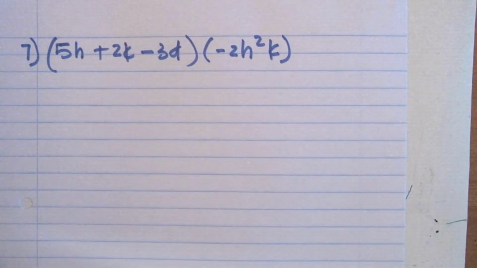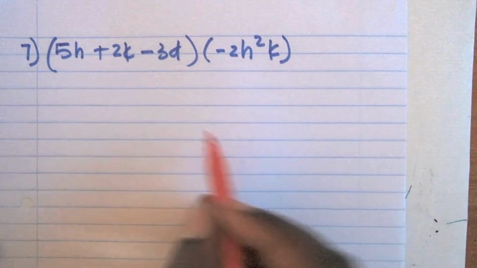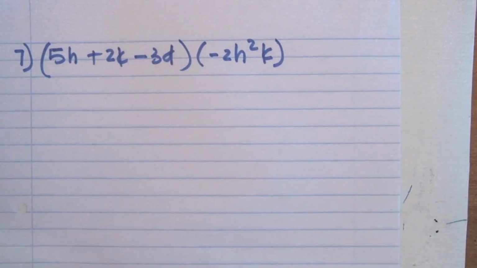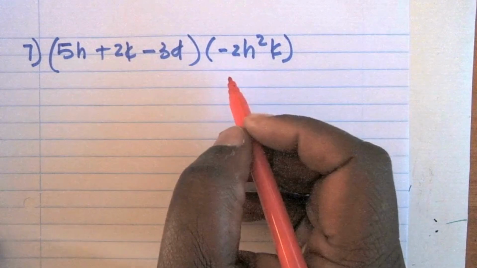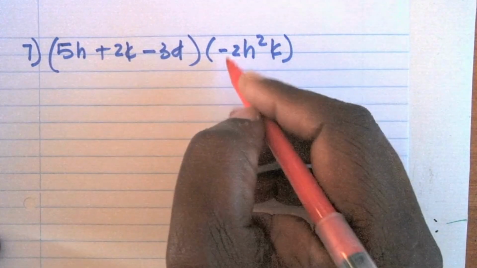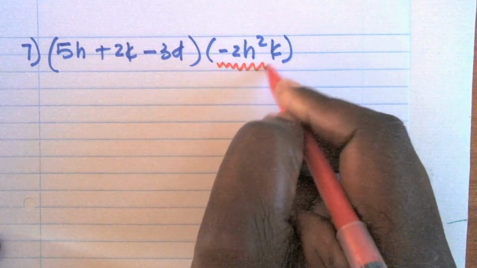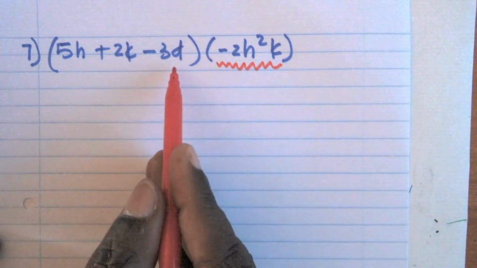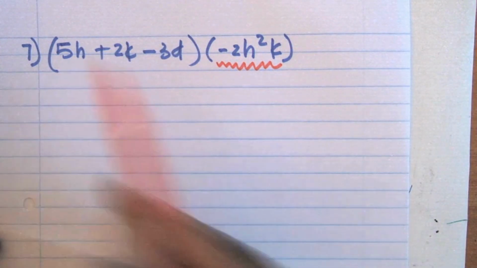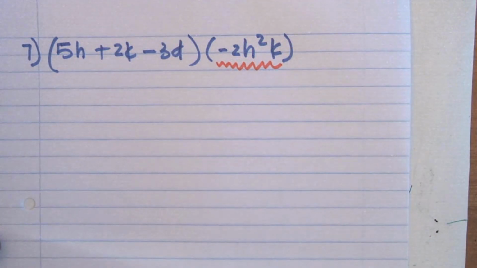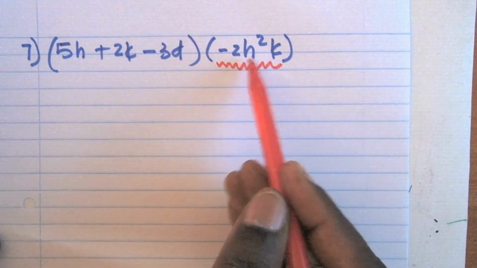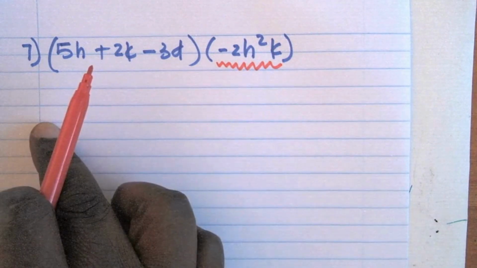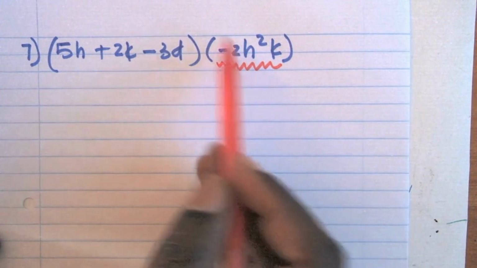Moving on to the last question, I realized that I need more space, so I put it here on another paper. I'm noticing here that I have this term here which is multiplying the 3 terms which are inside the bracket. In order for me to multiply here, there are 2 things that I can do. I can take this term and put it in front, or I can do it from the back.